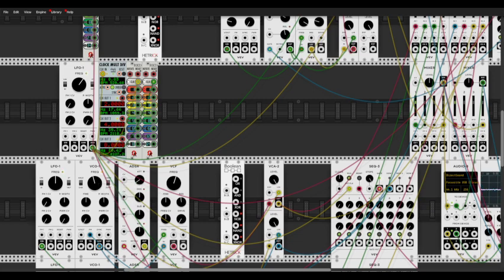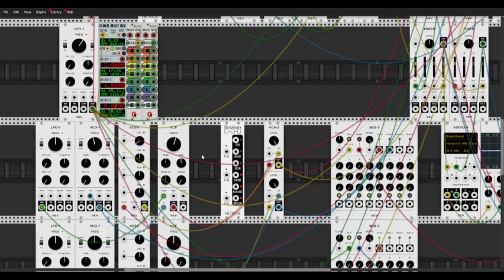192.12, so what's the closest note to that? The closest would be G3 at 196. So let's go ahead and go to that. 196 is good. 196.